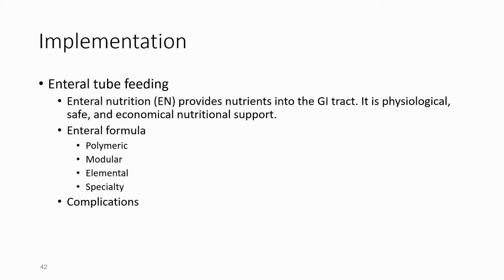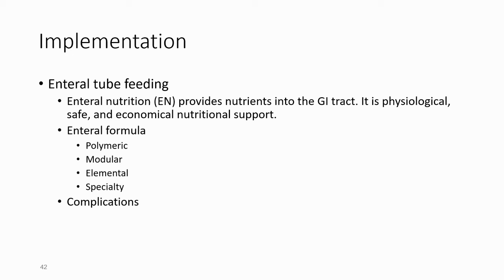So we're providing those nutrients through the GI tract, through maybe a tube, either in the nose or mouth, or sometimes even inserted surgically into the abdominal area, into the jejunostomy or the stomach itself, to help provide temporary or sometimes even long-term nutritional support.